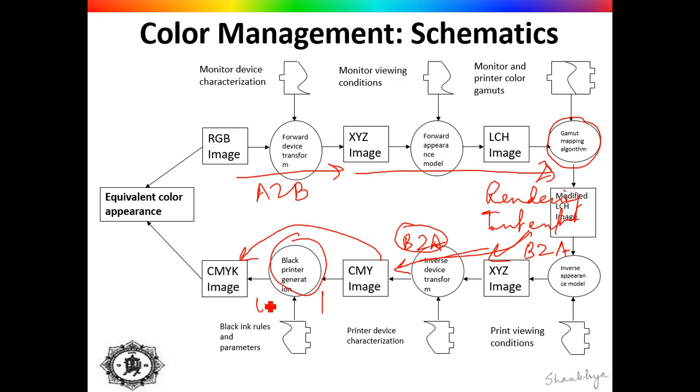I will either use UCR or GCR, and ultimately I will get my CMYK image, ensuring that this CMYK image is basically a manifestation of these embedded or preserved RGB values, which ultimately ensures that between these two images, that is RGB image and CMYK image, there is an equivalence in color appearance or color constancy between both input and output image.